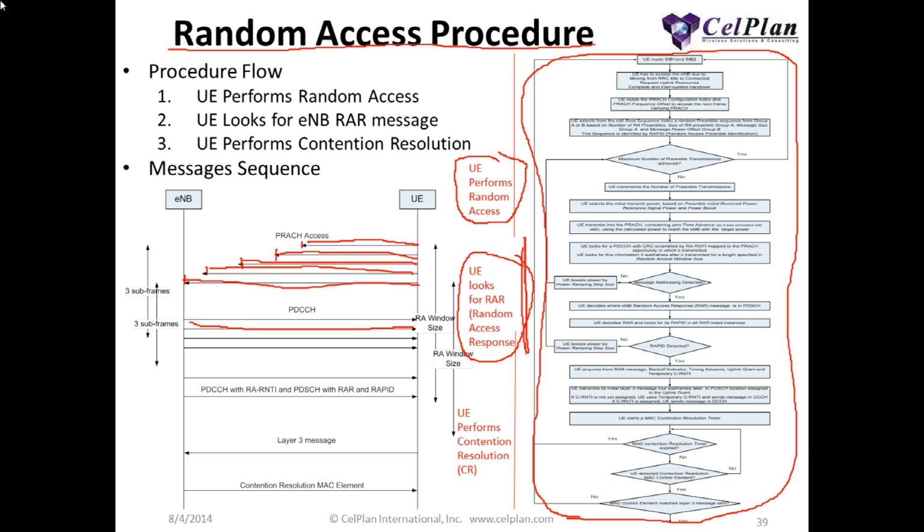But two UEs may have chosen the same code, and the two UEs may think that the RAR message is for them. So there is a conflict. So there is another procedure that is the contention resolution. So if there was a contention, everything has to start from scratch again.